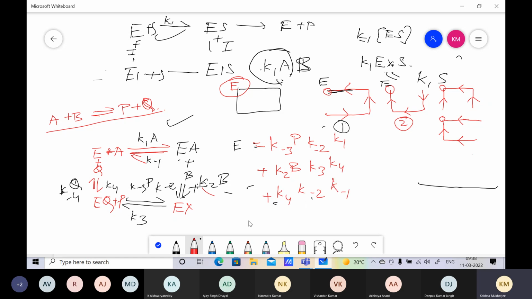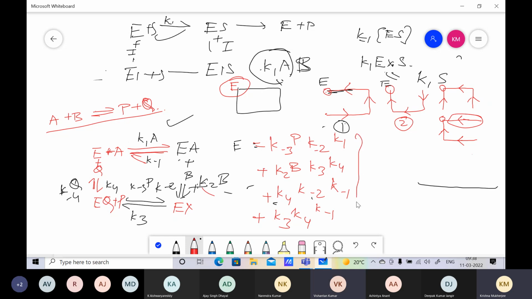And then there's this fourth reaction, which is plus this into this and this. So this is K3 into K4 into this forward reaction. I do not know whether you can see, this is into K1, K minus 1. So 4 reactions, 4 ways of making E.